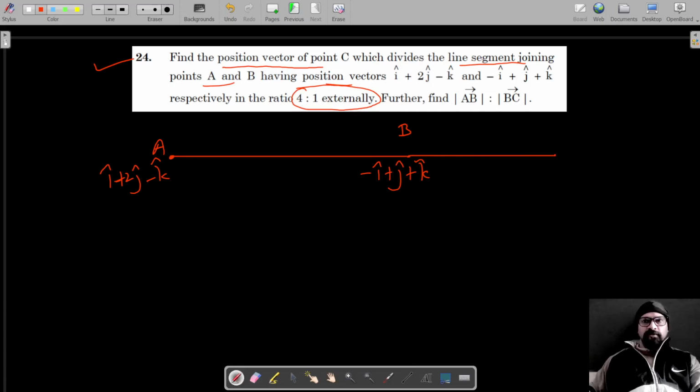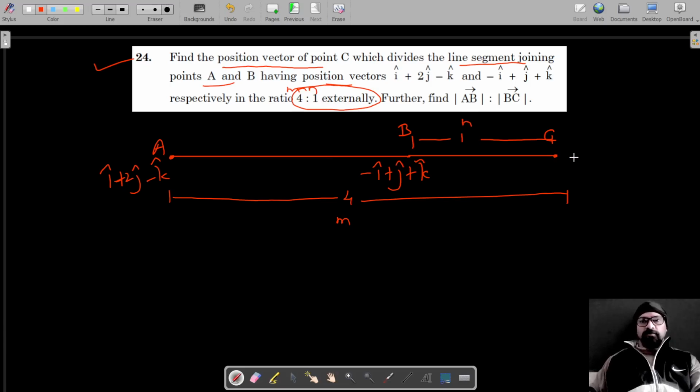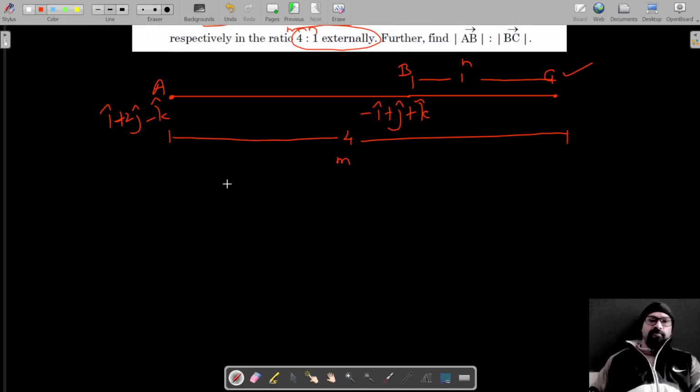Let's say this is point C, and this divides AB in the ratio 4 is to 1 externally. So externally means that this is 4 and this is 1. So this is m is to n. Let's say this is m and this is n. So the ratio is m is to n. And this is point C, and we have to find the position vector of the point C.